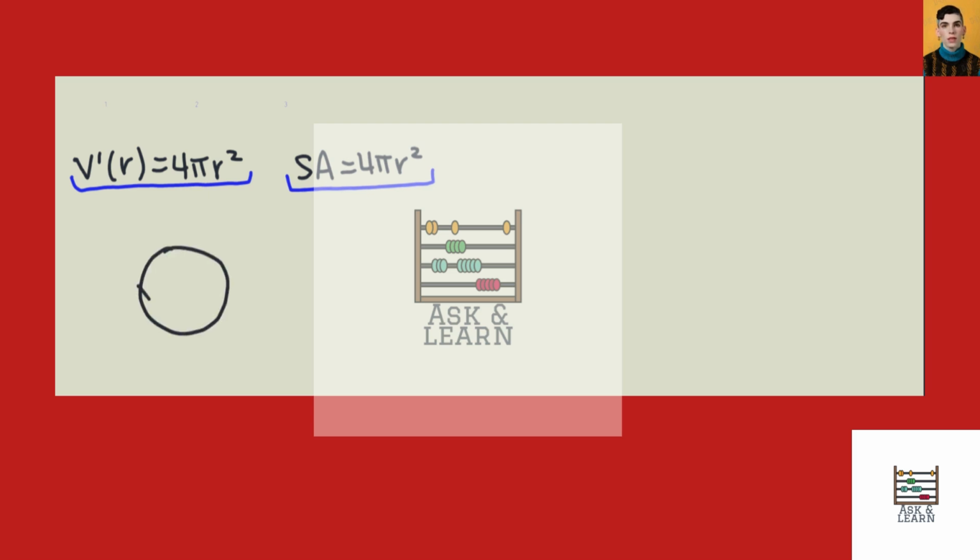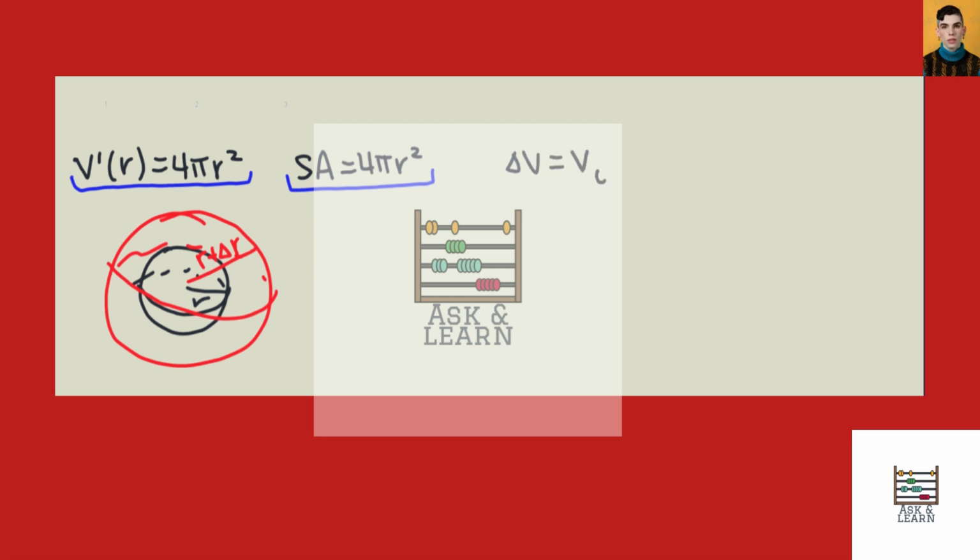You have your original sphere that had a radius of r, and then the sphere grows bigger, and now it has a radius of r plus delta r, let's say. So let's look at the change in volume. The change in volume would be the volume of the new larger sphere minus the volume of the old smaller sphere.